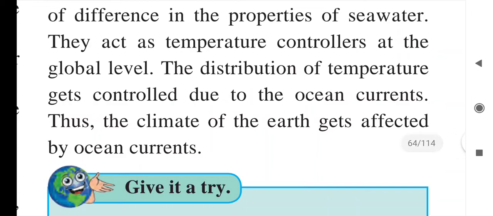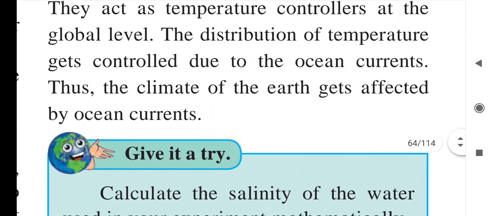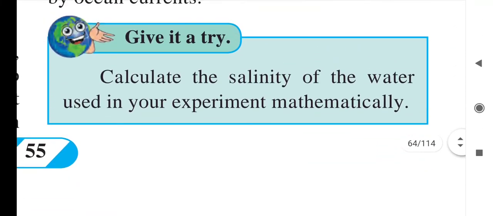Thus the climate of the earth gets affected by the ocean currents. If the ocean currents are high, then temperature will reduce. If the ocean currents are low, then temperature will increase. In this way they affect the climate on the earth.